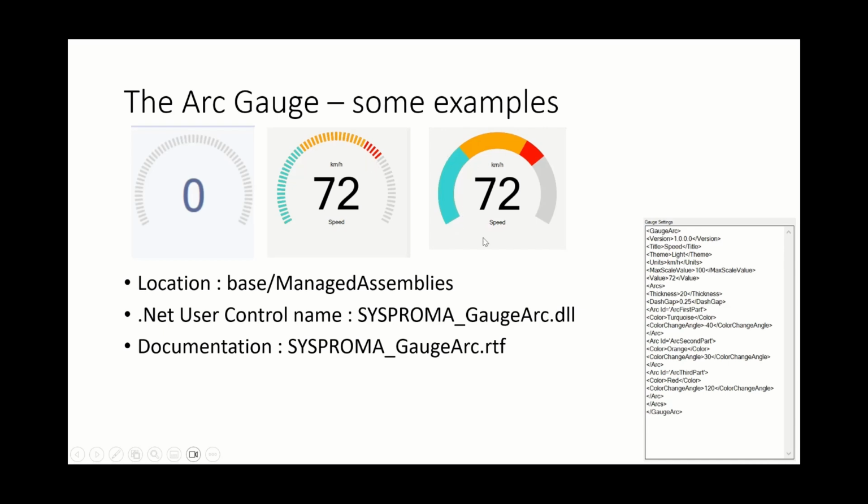We can change things like the thickness and the dash gap between these elements, and you go from this dotted line to solid lines and so on. And there's all sorts of nuances of being able to play with the look and feel.